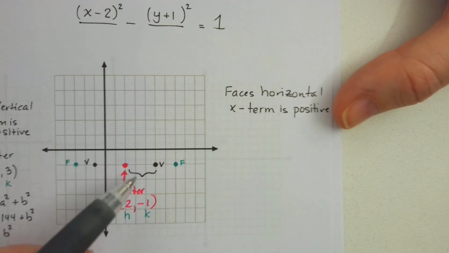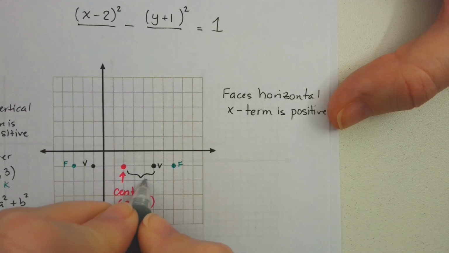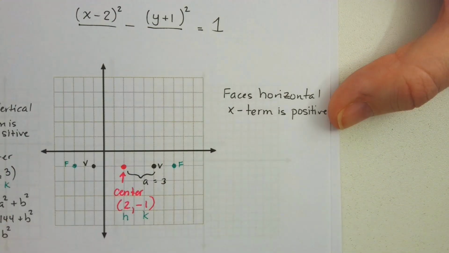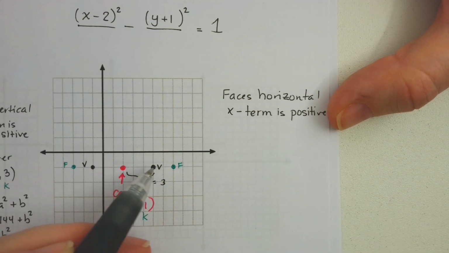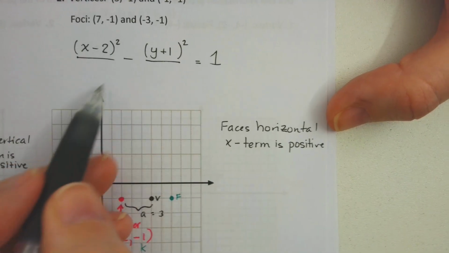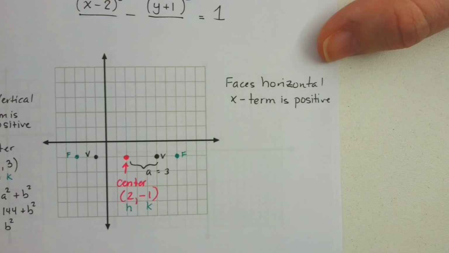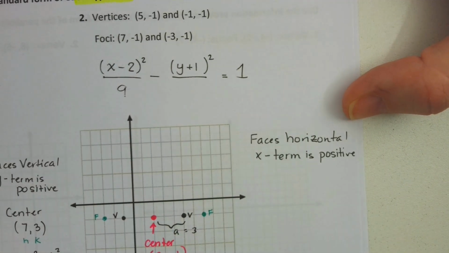That's basically how much is going to be under the x term. That one is a. And that's just 3. So if a is 3, since we counted in the x direction, what are we going to write under the x term? If a was 3? 9. Very good, because you write your a squared.